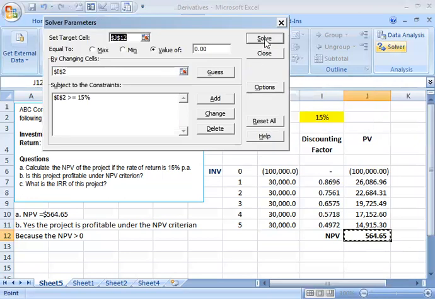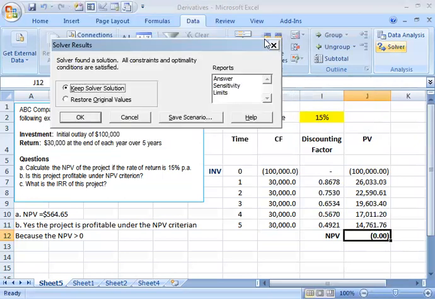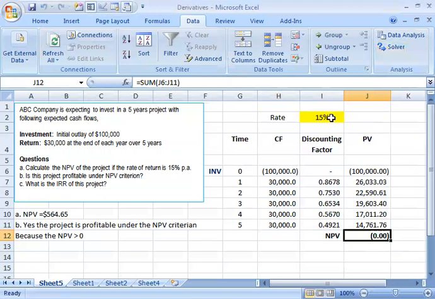Okay, and let's solve this. The NPV reaches the value 0, which means the IRR has to be somewhere around 15 point something. Since this value didn't change, let's see if we take this as the expected value. Let's press OK, then discover what has happened.